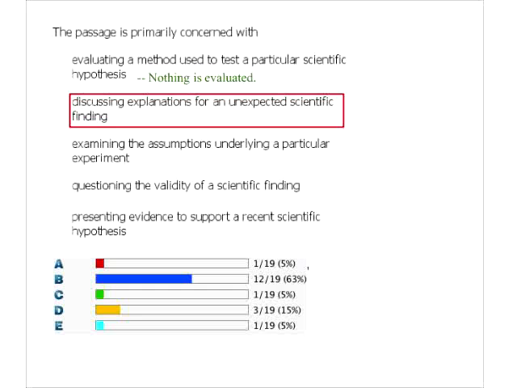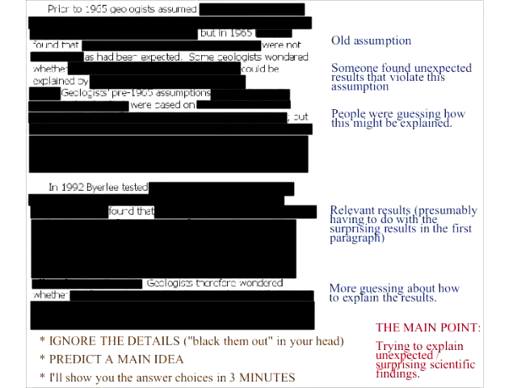Examining the assumptions underlying a particular experiment. Well, okay, that might be why Byerly did this experiment, but it's not the main point. Like, the main point is this, but this, then this.